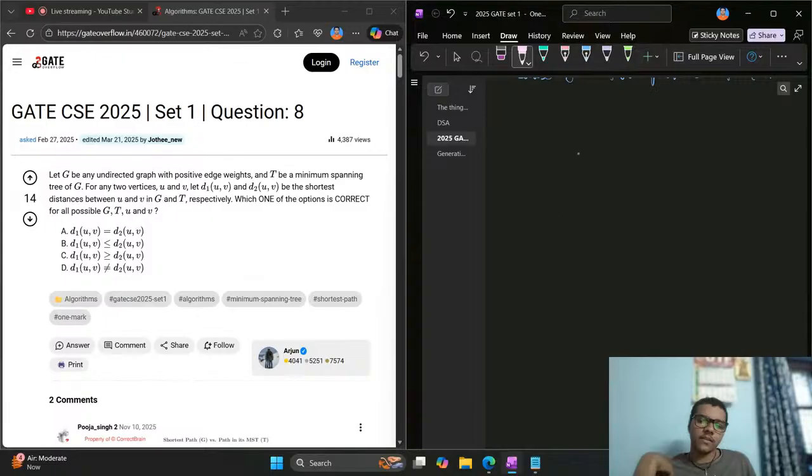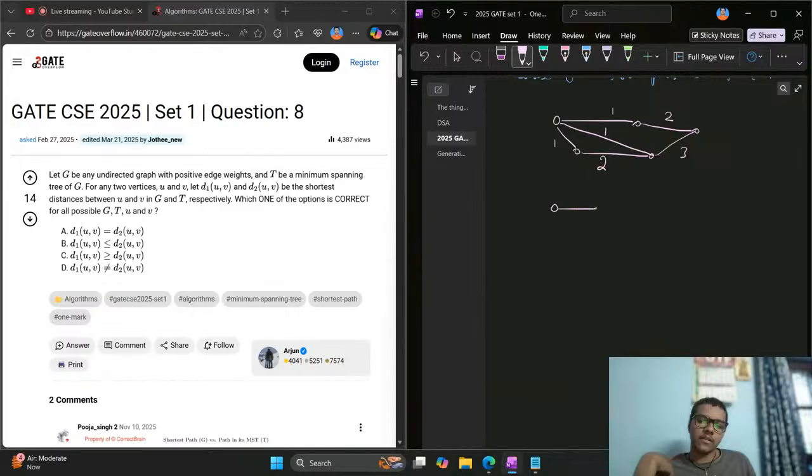So consider some sort of graph like this, with weights 1, 2, 3, 1, 1, 2.